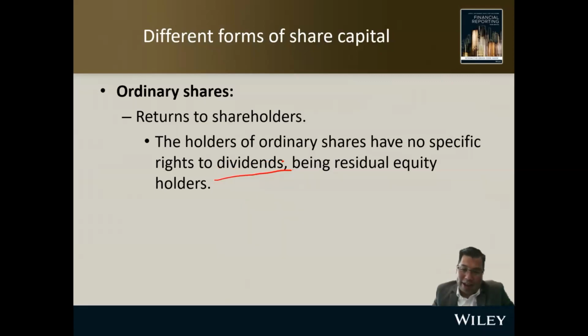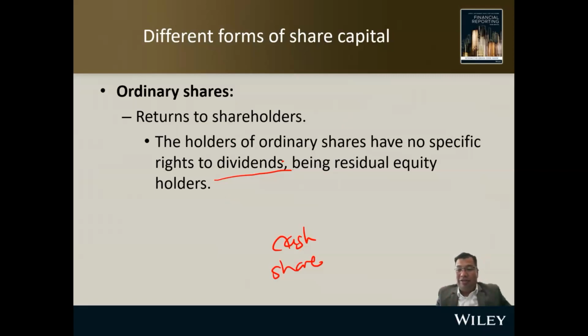It can be a cash dividend, or it can be a shares dividend. What is a shares dividend? They don't give you cash, but they give you shares, so the number of shares you own increases. So that is the return to the shareholder.